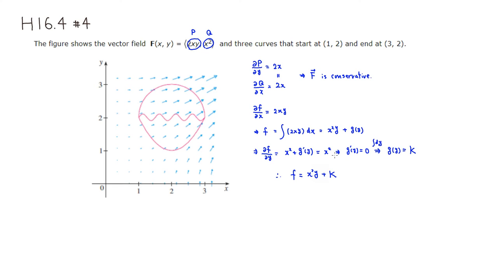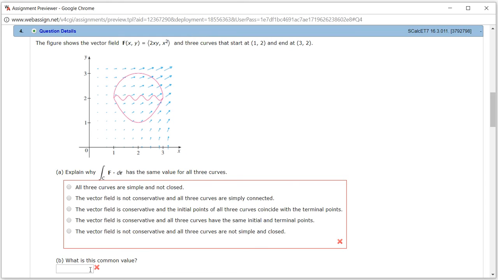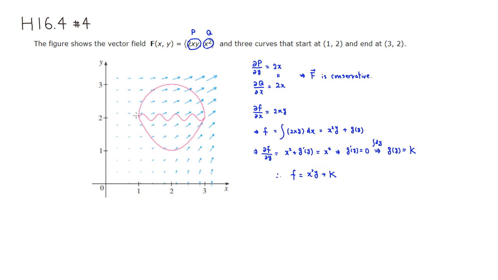Now let's answer a question here: explain why the integral of vector field F dot dr has the same value for all three curves. Here's curve 1, curve 2, and curve 3, all going from here to there. Since this vector field F is conservative, it's independent of path.